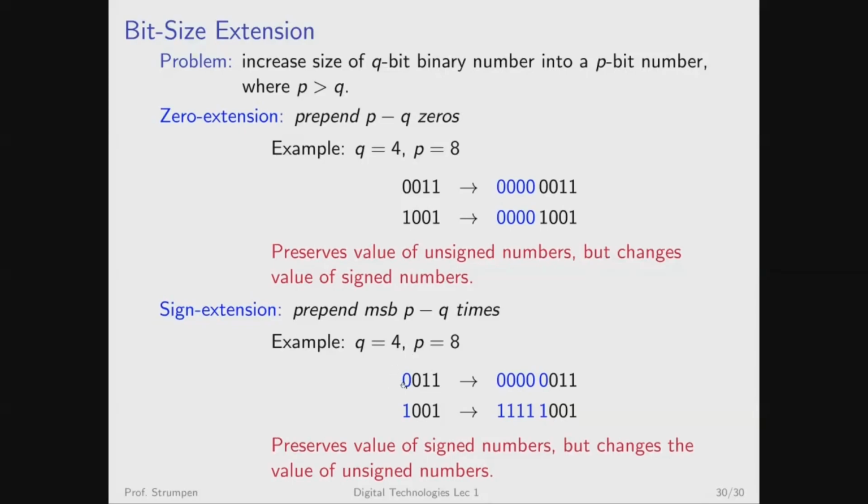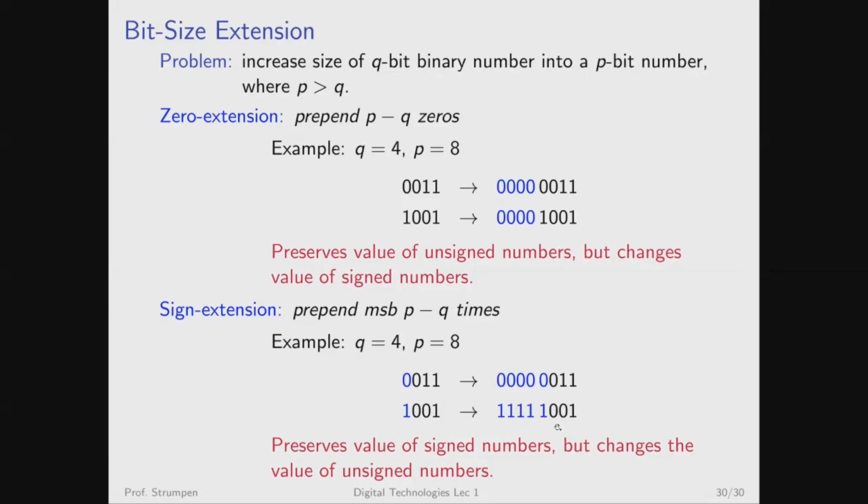The sign bit of the 4-bit number is 0, and we prepend that sign bit 4 times to our 4-bit number to get the 8-bit number. We do the same thing here in the second example for number 1001. Prepending the sign bit 1 4 times obviously also gives us a negative number. This one gives us a positive number, this one gives us a negative number.